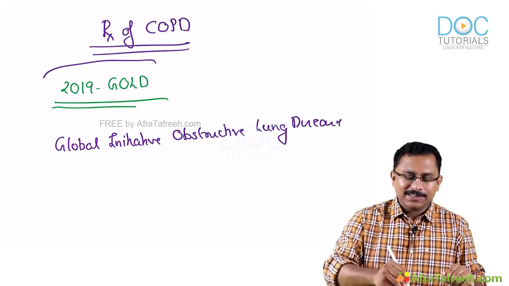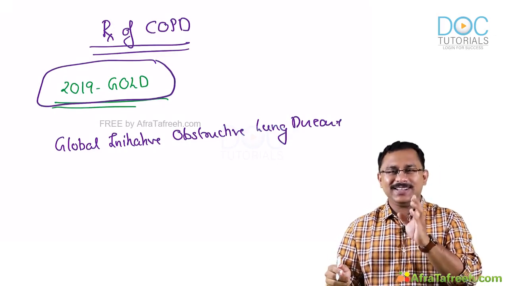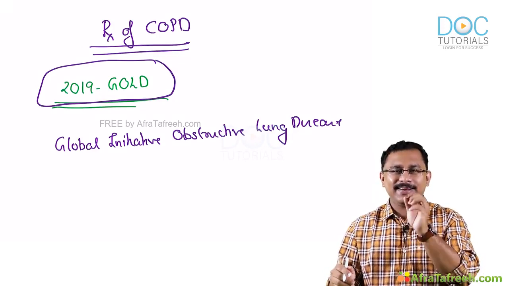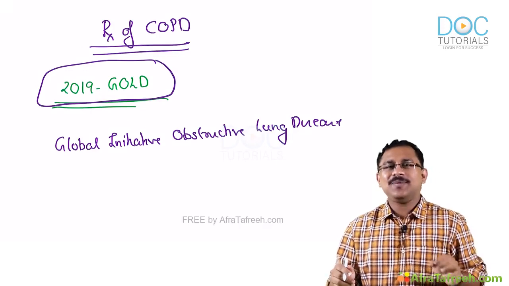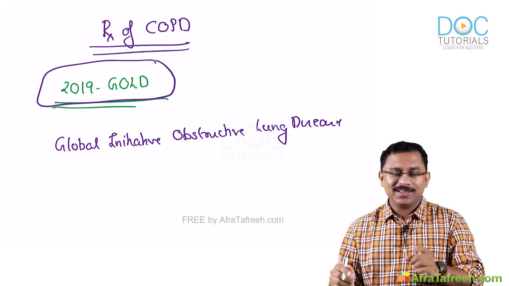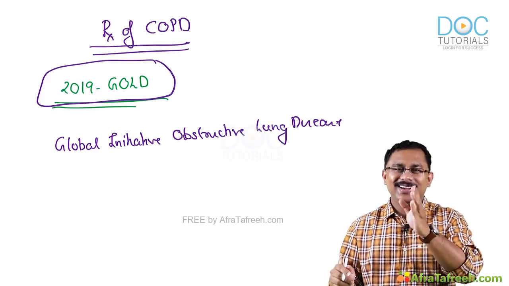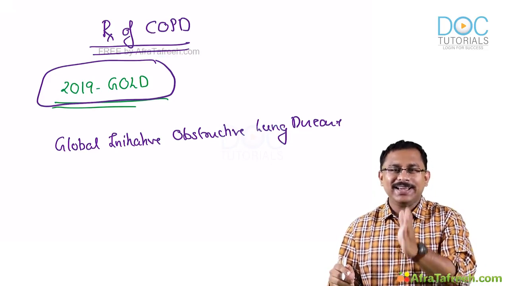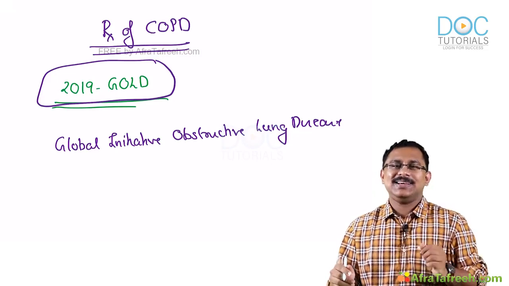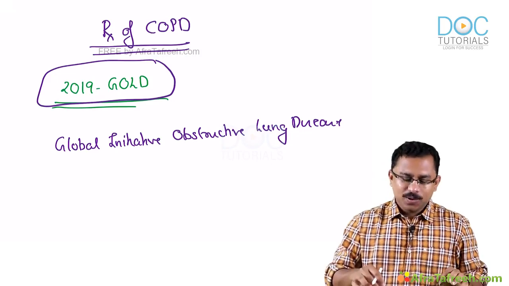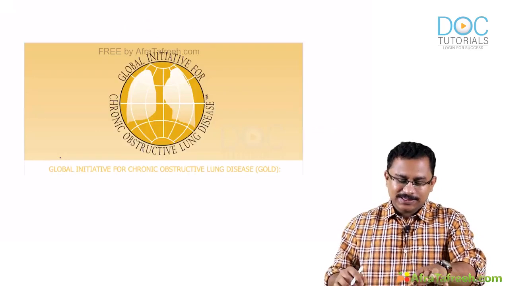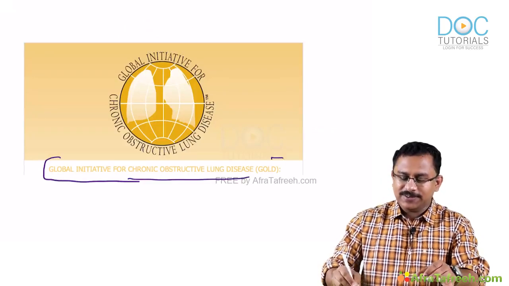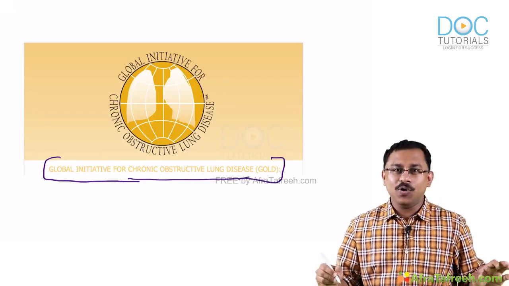So remember, this is a very, very important guideline. If you are asked somewhere regarding the treatment of COPD, your answer should start with 2019, as currently the guideline is the 2019 one. That is what you have got to quote.